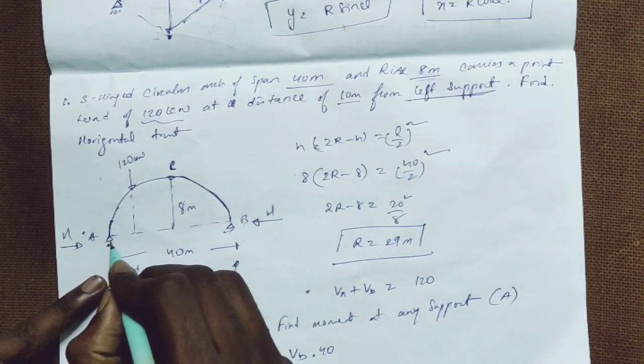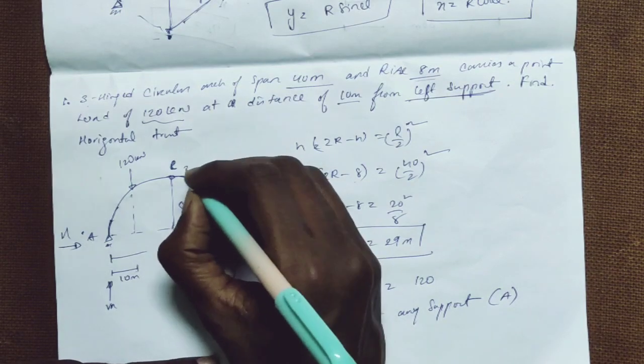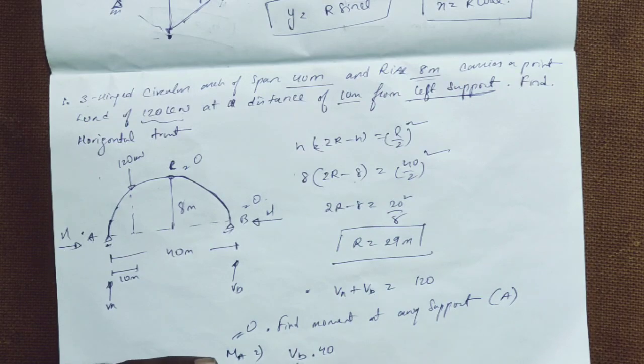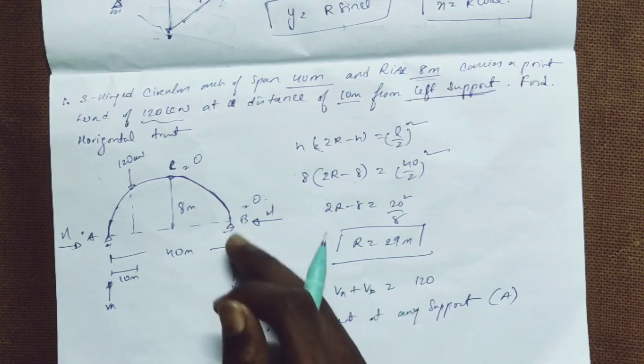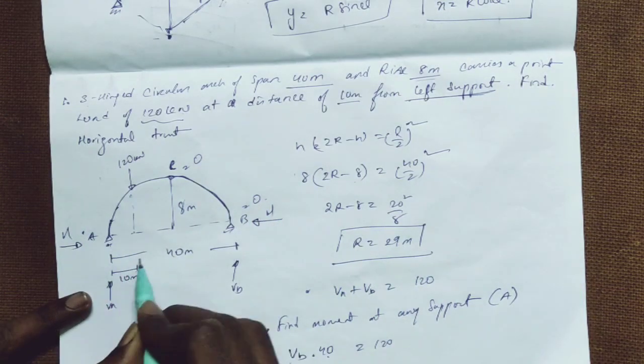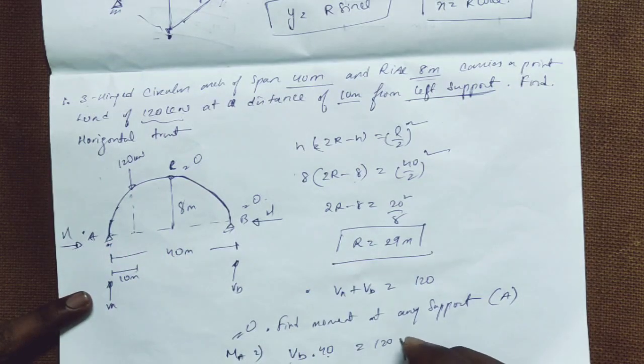As it is hinged, MA will be equal to 0 and MC will be also 0 and MB also 0, so VB into 40, and we have only 120, so it will be equal to 120 into, what is the distance from A to this point load, it is 10, right?